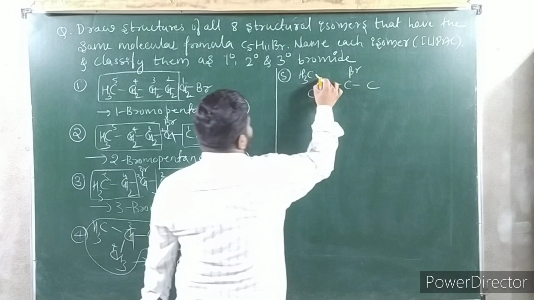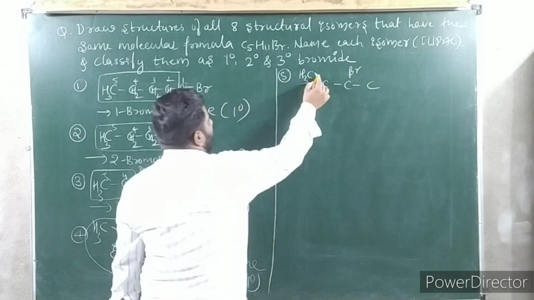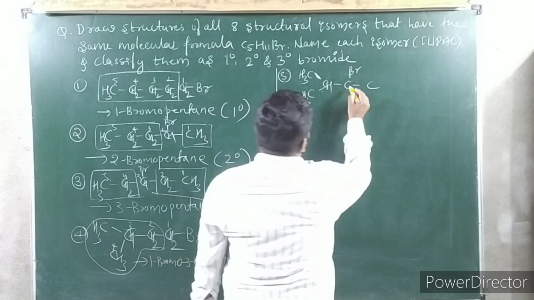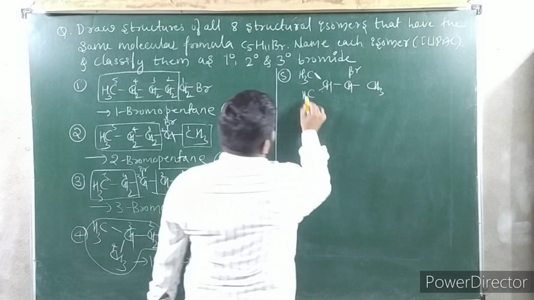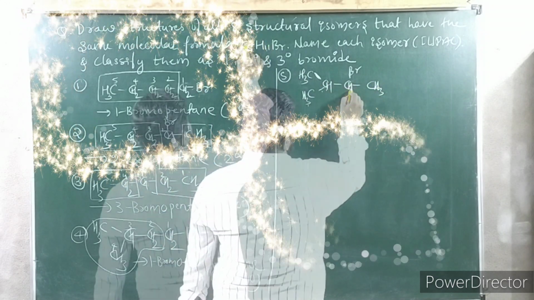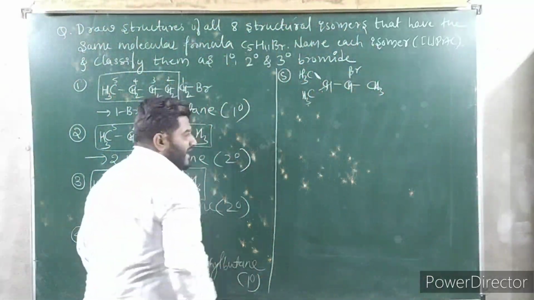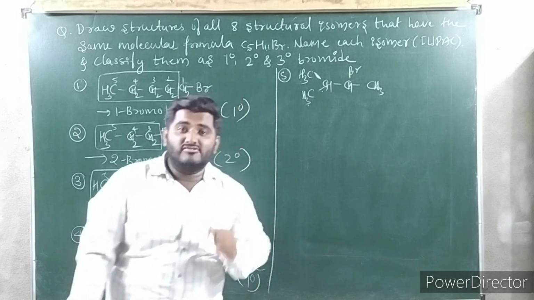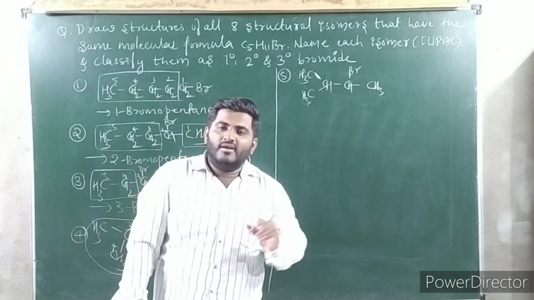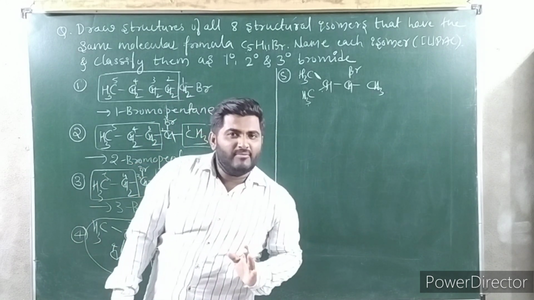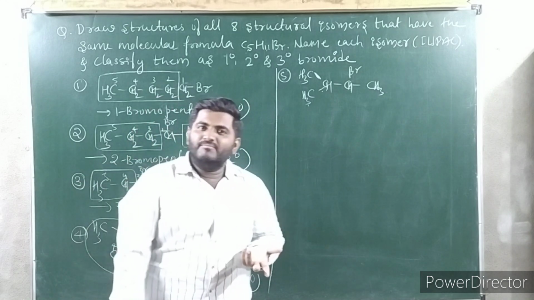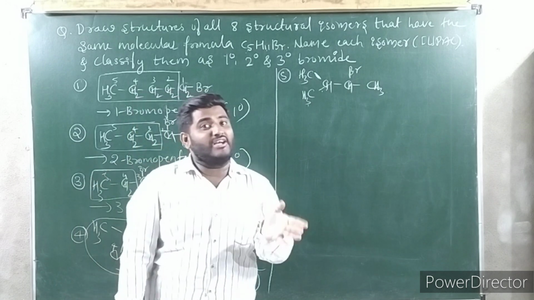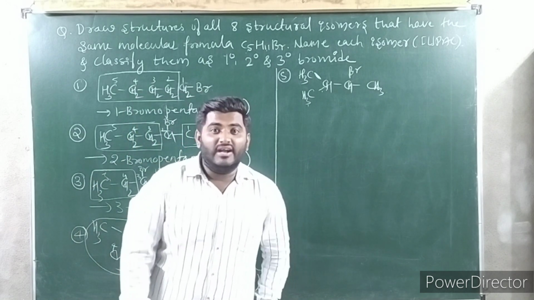You know that carbon should have 4 bonds. 1 bond is over 3 hydrogen, 1 bond is over 3 hydrogen, 3 bonds are over 1 hydrogen. 3 plus 3 plus 3 is 9, plus 2 is 11. 11 hydrogen, 5 carbon, 1 bromine. Again the molecular formula is the same. This may be possible. See, what are structural isomers? Compounds having the same molecular formula but differing in their structure. Correct or not? The phenomenon is called structural isomerism and they are called structural isomers.